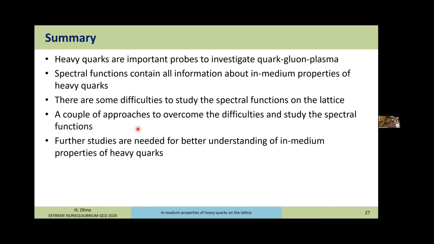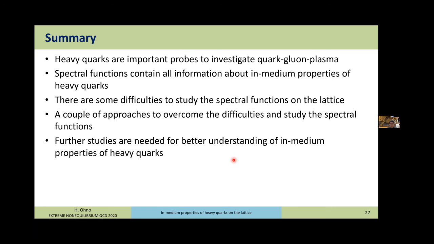But there are still a lot of open questions, for example, the melting temperature or diffusion coefficients are still not precisely determined, or maybe not conclusive.